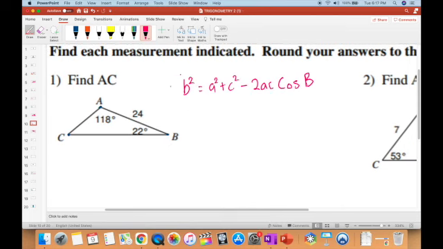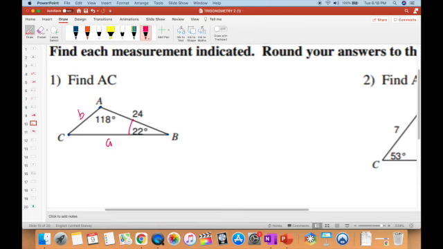I'm looking at the cosine rule here, and I want to find B, but I don't have this side A. I have the angle B here, yes, but I don't have the side A, and there is nothing I could do to find the side A. So I can't use the cosine rule. But going back to the sine rule, I can use the sine rule.